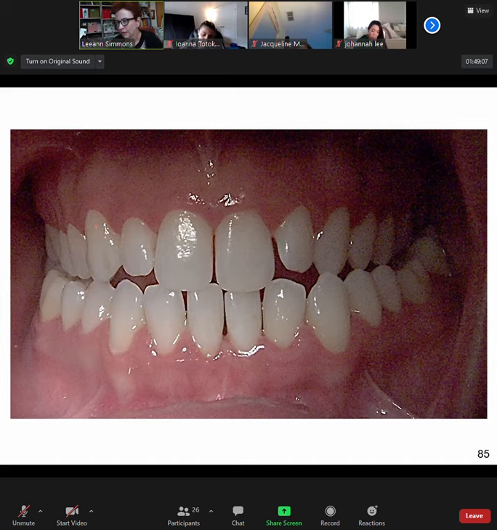And here is another patient. Here is a crossbite. You see the buccal cusps of the mandibular teeth are buccal to the maxillary teeth. Here he's got end to end. So these teeth are in crossbite here. Here's a crossbite.